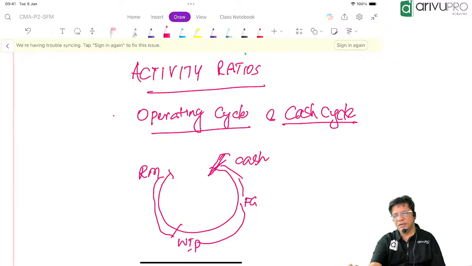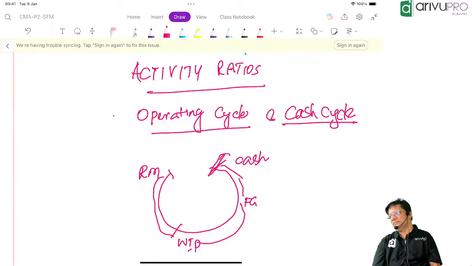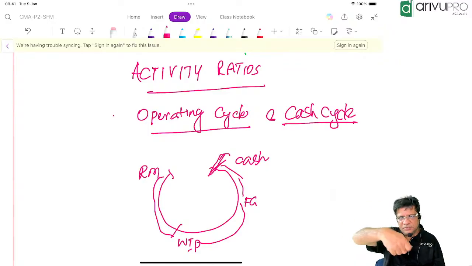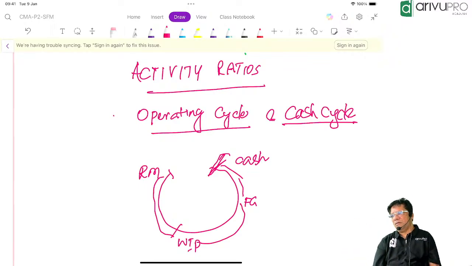This whole flow is called the operating cycle.